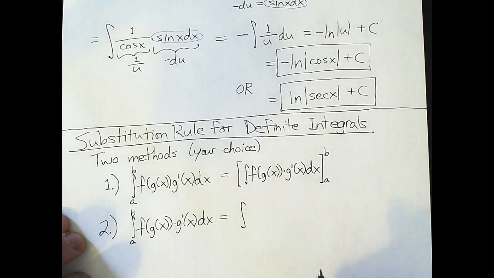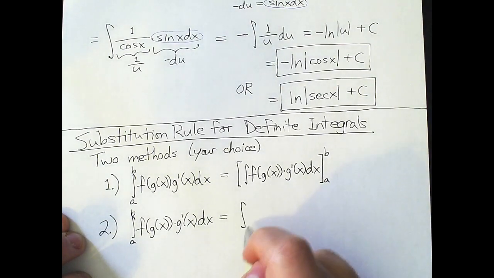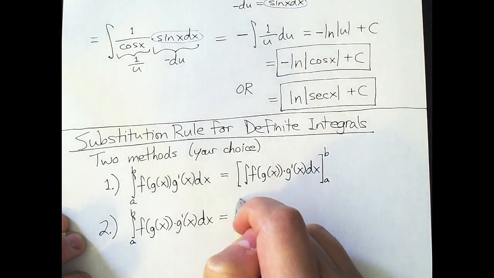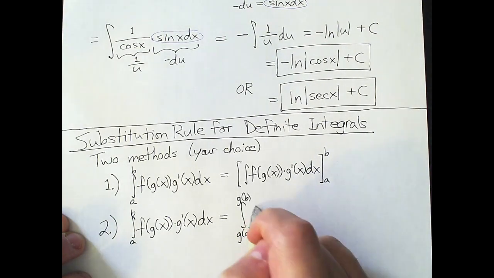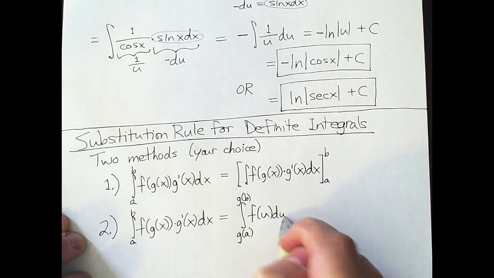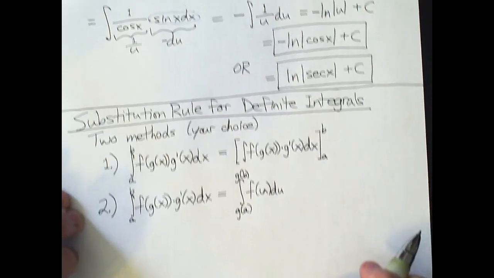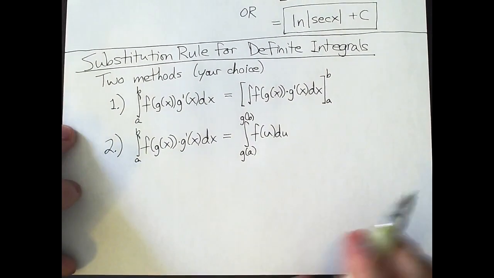The right-hand side is going to be treated differently. We're actually going to write g of a, g of b, f of u du. So let me explain what these mean.